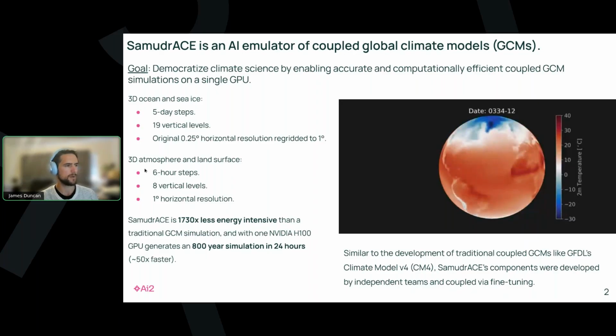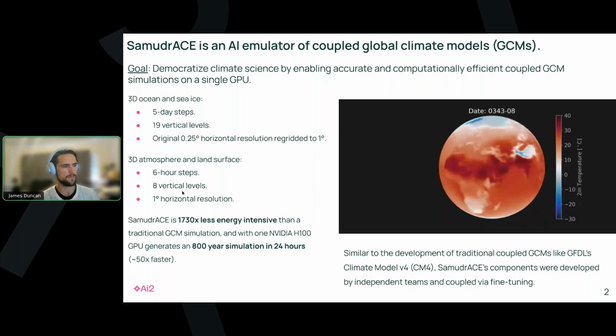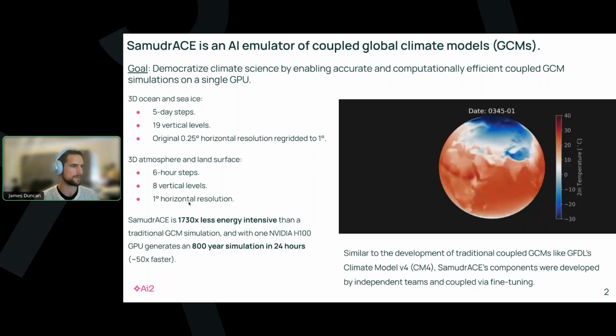And the second component is a 3D atmosphere and land surface emulator, which takes 6-hour steps. So you have this difference between the temporal resolution of the atmosphere and the ocean components. The atmosphere has 8 vertical levels from the stratosphere down to the surface.